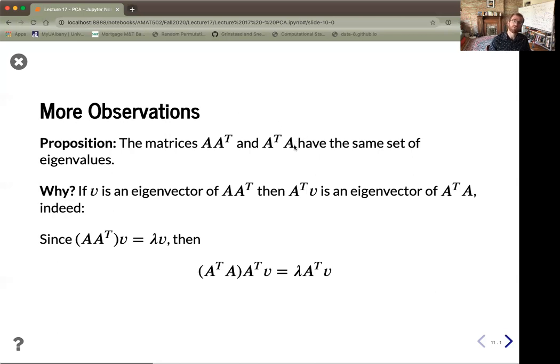To try to prove that for yourself, consider if V is an eigenvector of A times A transpose, then A transpose V serves as an eigenvector of the other matrix, A transpose times A. To see why, we assume that A times A transpose V is equal to lambda V, so it's an eigenvector with eigenvalue lambda. Now I'm going to take A transpose V, and I knew I had to do something like this just for dimension reasons. V here is an m by 1 matrix, so it's a column vector of length m.